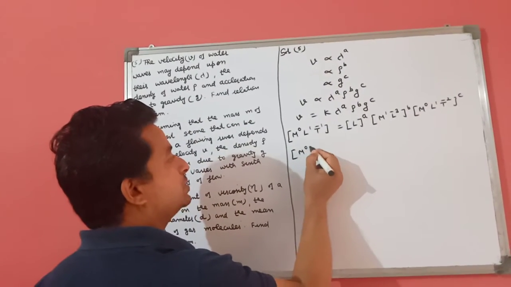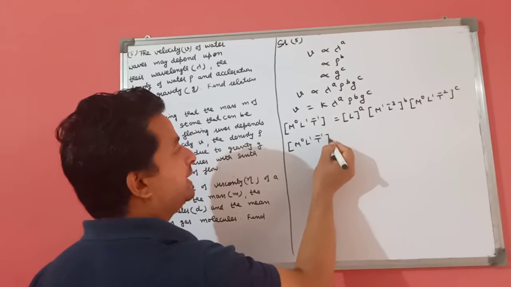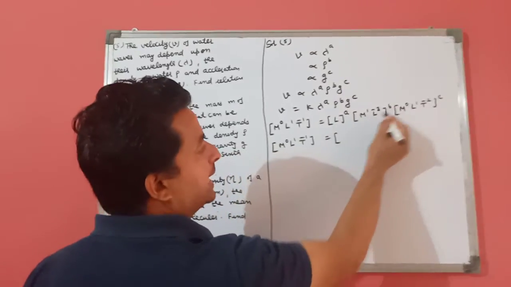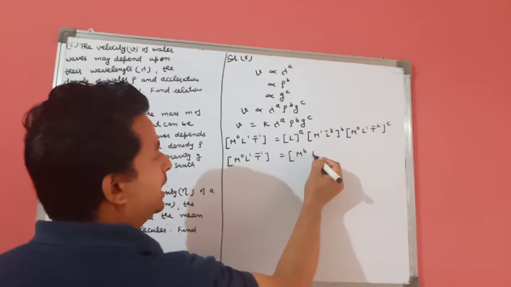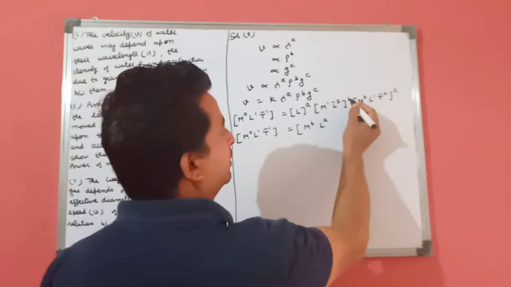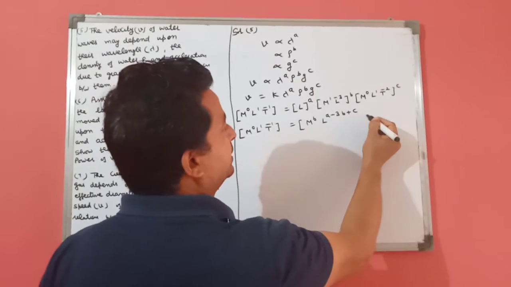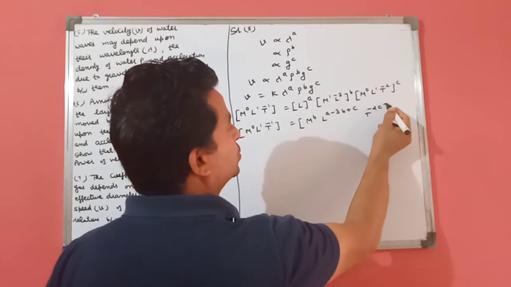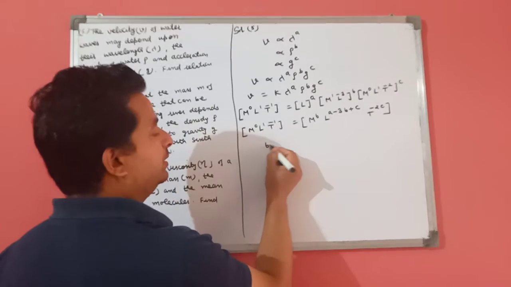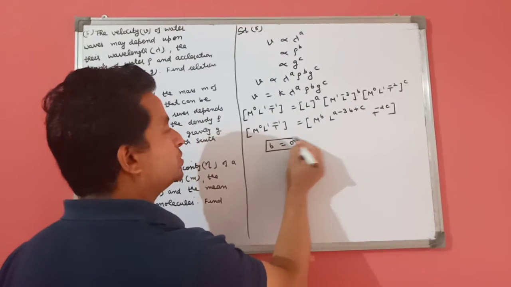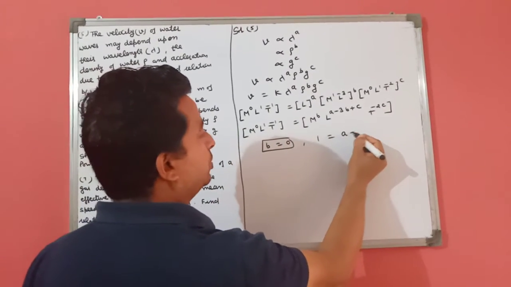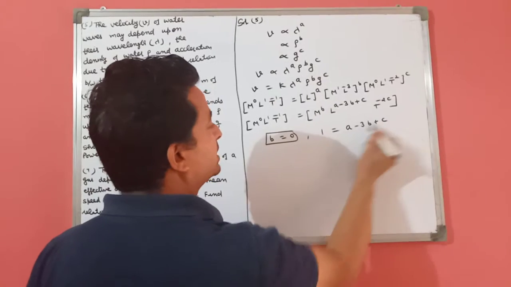On the right side, M has power b, L has power a - 3b + c, and T has power -2c. When we compare, 0 is equal to b, and 1 is equal to a - 3b + c.